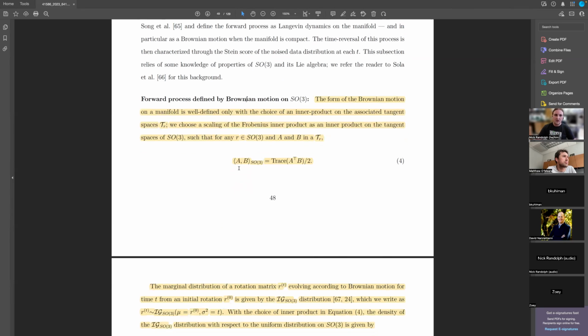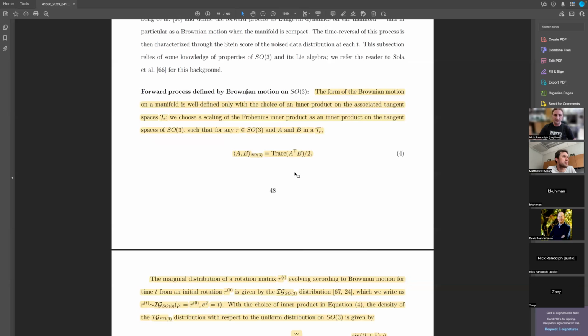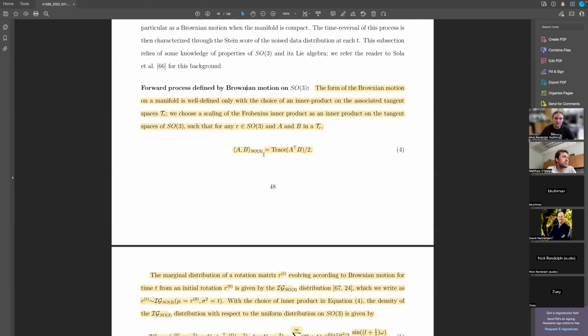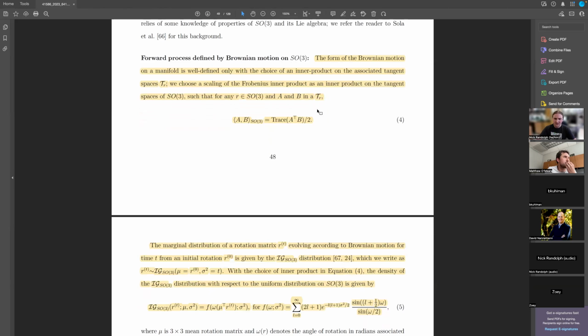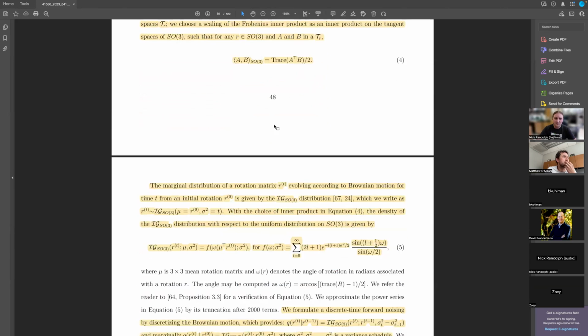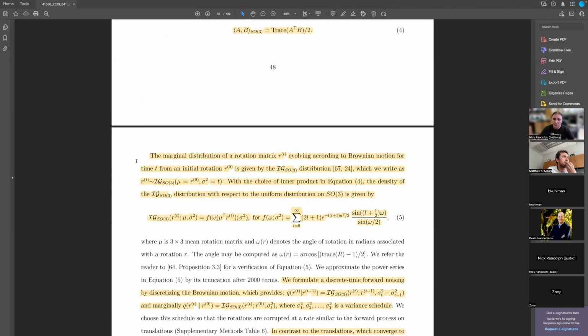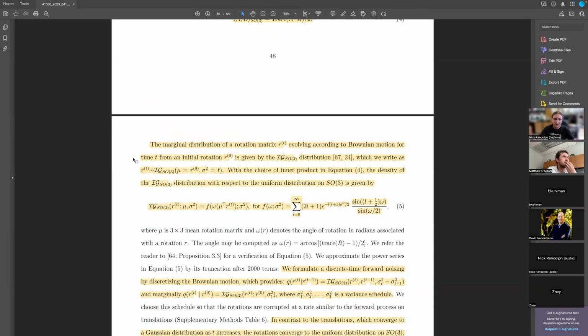They define this inner product here. This is really the canonical inner product on SO3, a scaling of the Frobenius norm. We'll see that a little later, because this Frobenius norm is actually used in the loss function. So they have this inner product, which defines how we can move around on this tangent space.